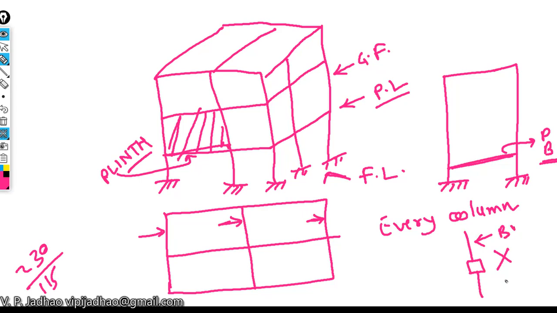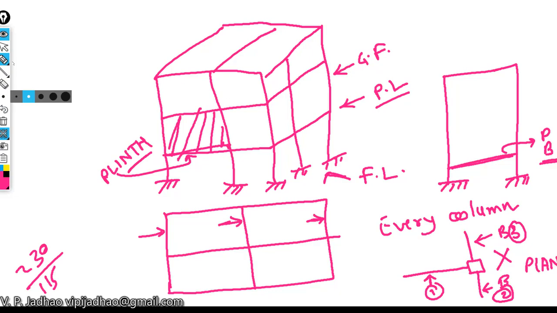So for stability, you should connect every column in 3 directions. This is in plan. So this is your beam number 1, beam number 2, and beam number 3. Like this every column should be connected by 3 beams.